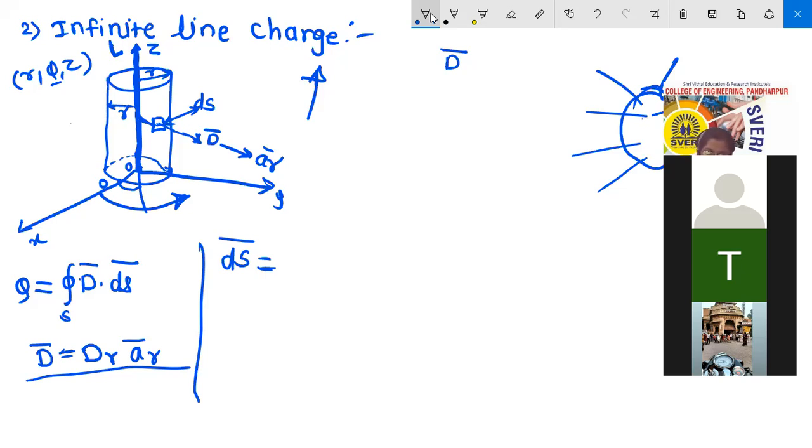It is dS bar in which coordinate system? Last lecture only we have seen. For which coordinate system did you say that equation? And now we are using which coordinate system? So which equation should be used here?